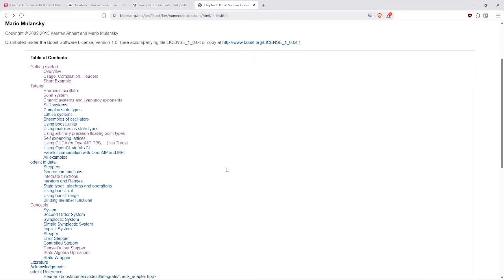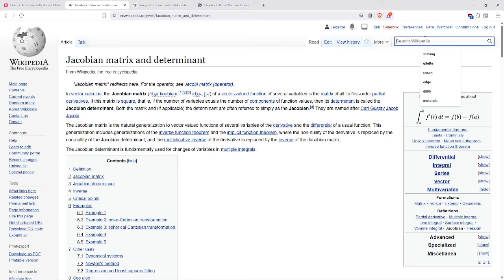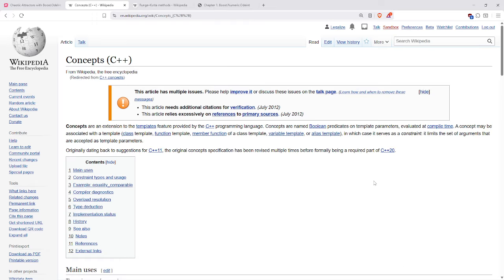As far as I know, they have not updated this library to use concepts, as in C++ concepts, which got voted in as a required part of C++20.